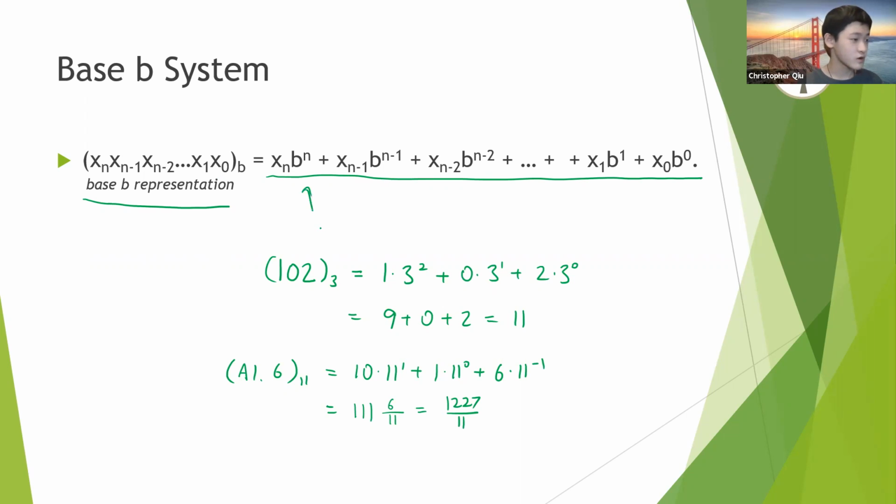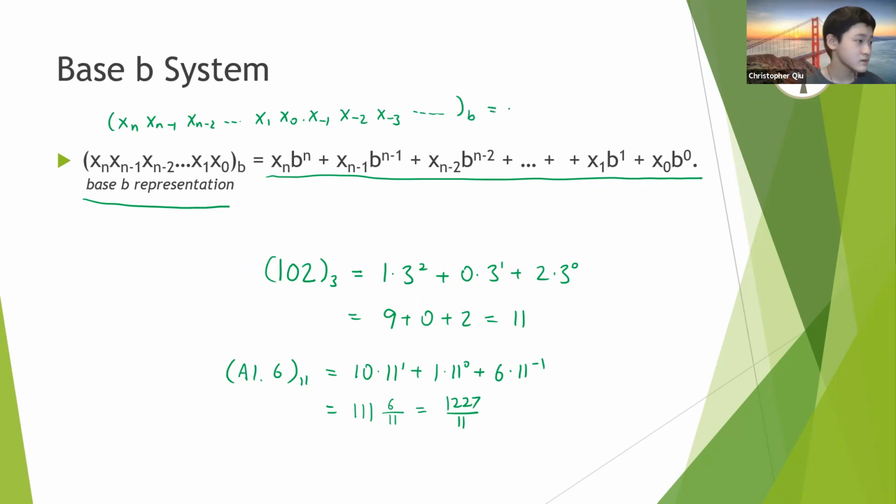This definition is just for whole numbers. If you want a definition for all real numbers, we can write this. So we'll have a decimal digit. We have a decimal point here, and x -1, x -2, x -3, and so on.